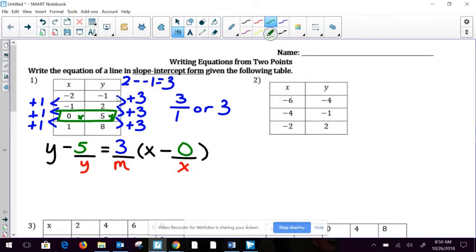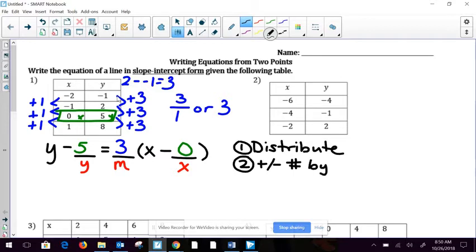From here, I do 2 simple steps to simplify. The first thing you always do is distribute to eliminate parentheses. The second thing that you always do is add or subtract the number by y. So in this situation, when I distribute, I get y minus 5 is equal to, what is 3 times x?